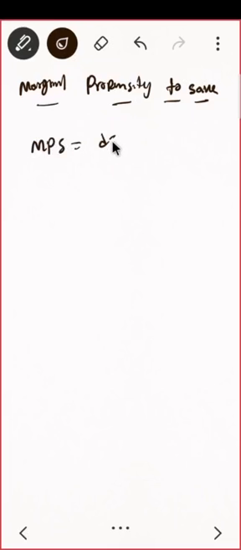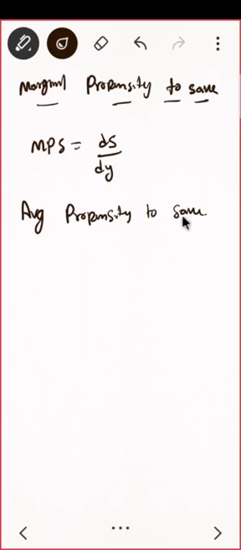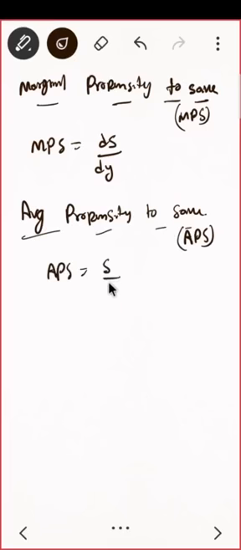It is ds upon dy, and average propensity to save will be APS. This is MPS and this will be APS. And APS will be S upon Y.